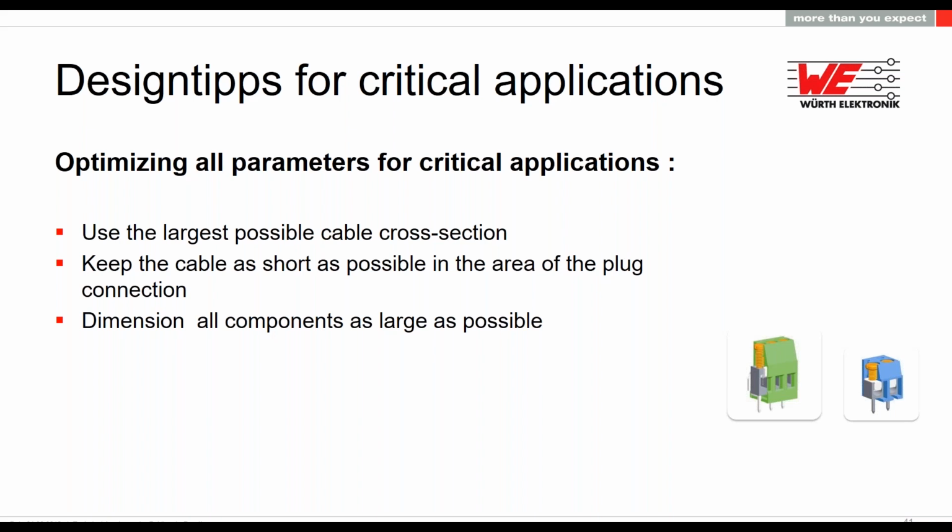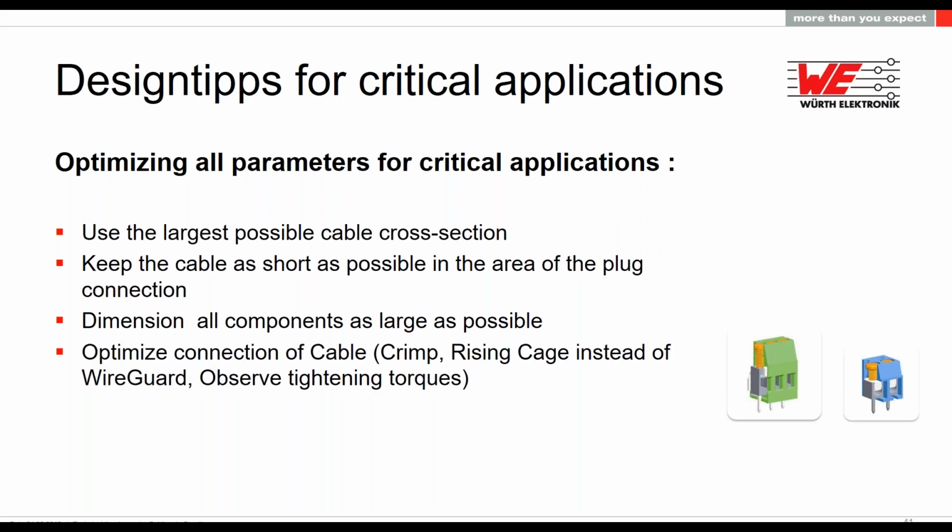If you have the chance, it's good to choose the bigger component rather than the small one, if you really want to bring parts to the limit. Then, of course, it depends on what connection you use: crimp, rising cage clamp terminal, wire guard terminal, if you take care of the tightening torques.